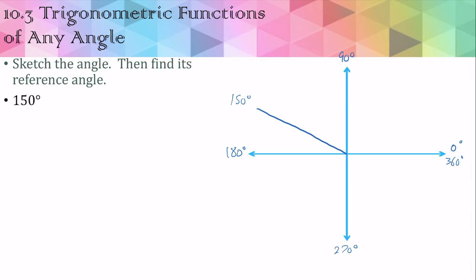The reference angle goes between that and the nearest x-axis, so that is the reference angle. To find its size, it's just the difference of our two marks. So it'd be 180 minus 150, which is 30 degrees. So our reference angle is 30 degrees.